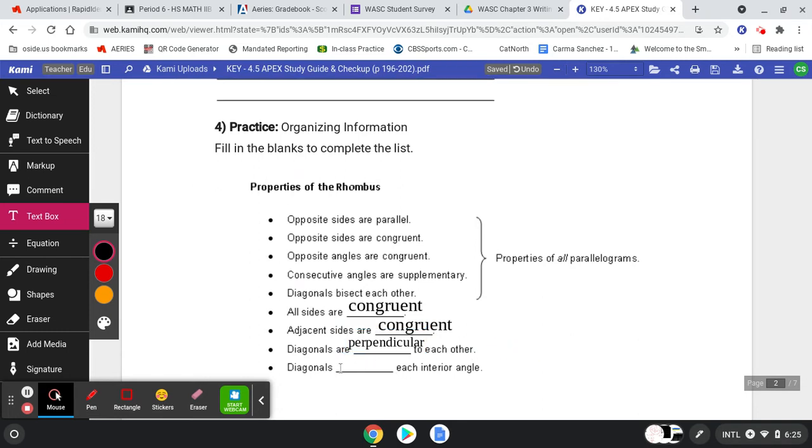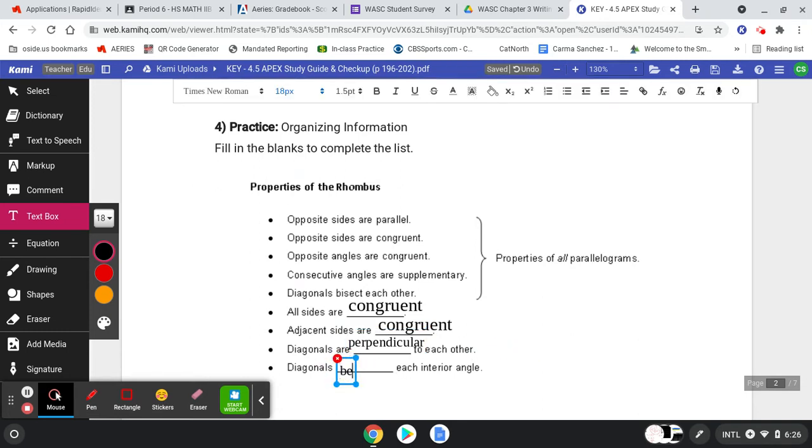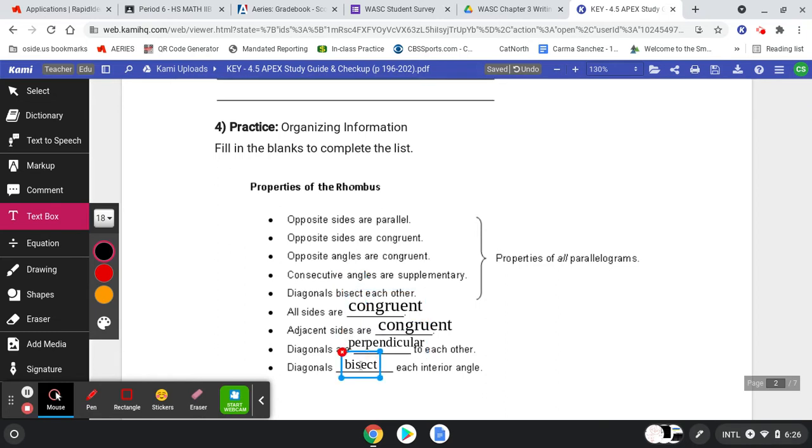And the diagonals bisect each other. Sorry, the diagonals bisect the interior angles. Diagonals bisect each other is already one of them from up here, but diagonals bisect each interior angle is the new one.